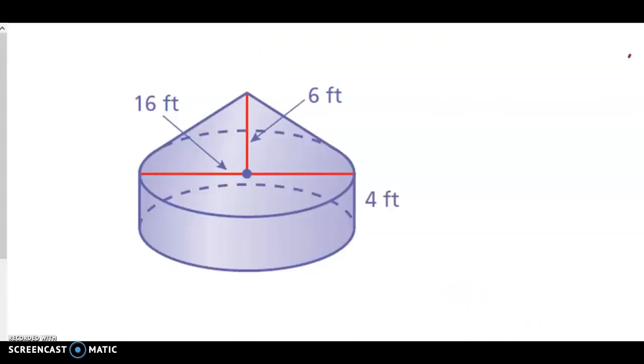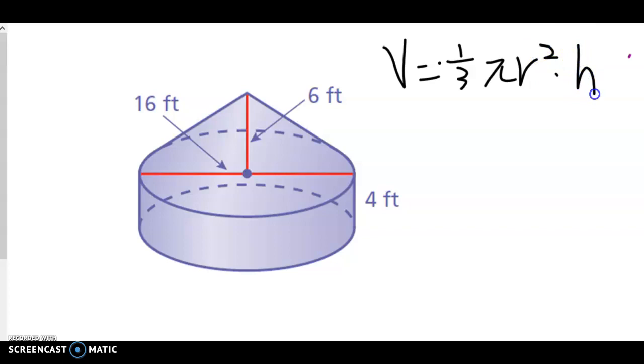Okay. Next example. As you see, the top is a cone and the bottom is a cylinder. Just to review, the volume of the cone is 1/3 pi r squared h. For the cylinder, we just reviewed it already, V equals pi r squared times h.